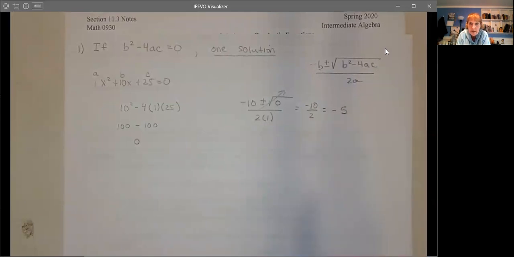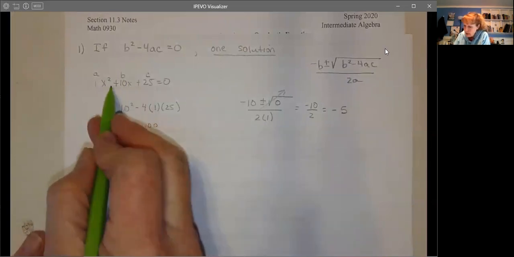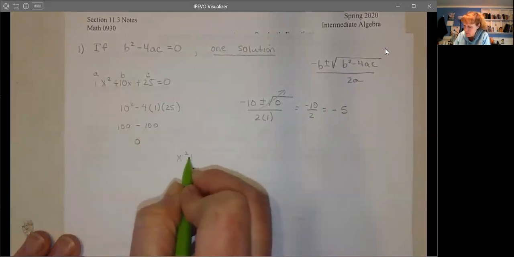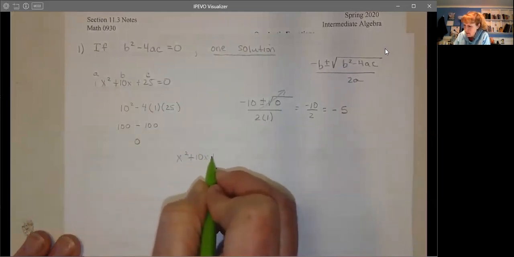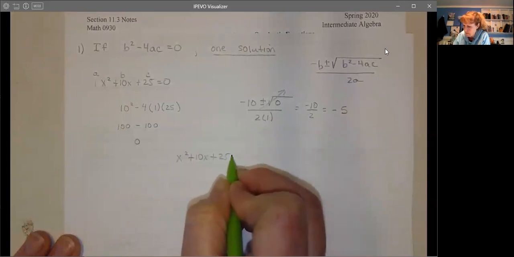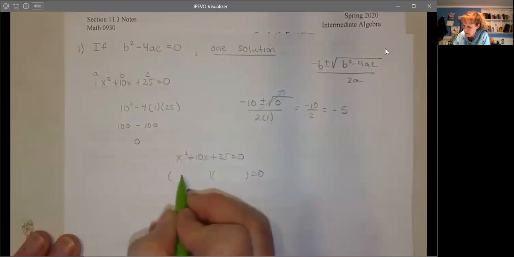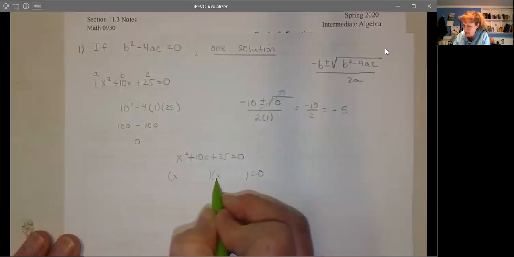That also tells us that because we have this double root, our equation was a perfect square trinomial. It could have been factored as a perfect square trinomial whenever that discriminant is 0. It means that when we factored this, the factors matched exactly.